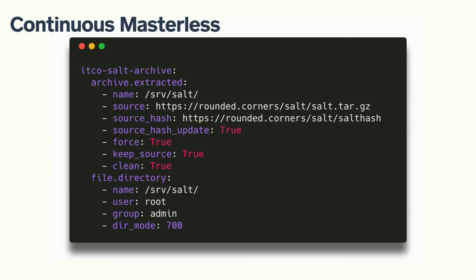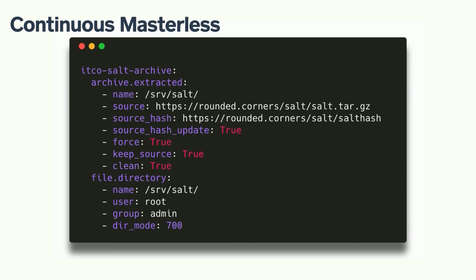And then we also gather a hash of that particular tarball, and salt will check the hash after it's done downloading against the tarball that it's pulled down, to make sure that it matches. If it does, then it'll extract it to the particular directory, which in this case is srv salt. And then for the other parameters, for instance, it'll cache the last known hash, and if the last known hash matches the current hash, it's done. It won't even bother downloading the file because it knows what it wants.